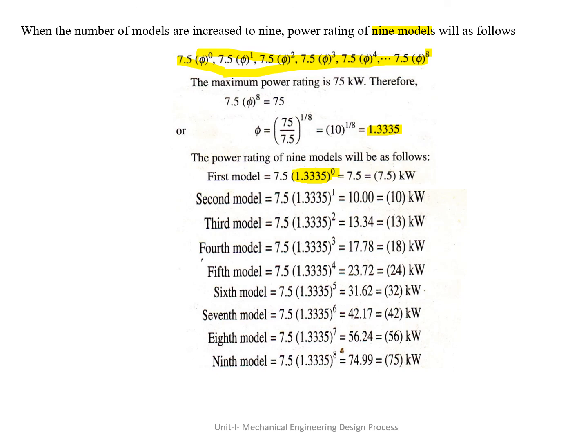You can see that from the previous series we get the models 13, 24, 42, and here the middle ones are added while these models remain as they are. This is how we use the preferred series for any type of product.